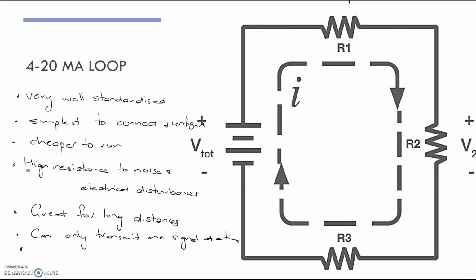And multiple loops require special isolation of each loop. And obviously the higher the number of loops, the more complicated the isolation requirements.